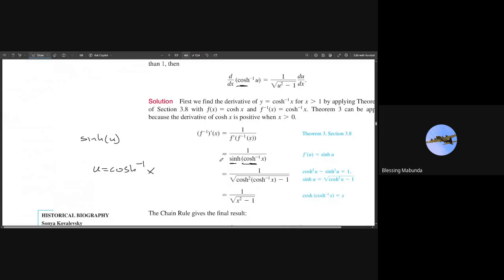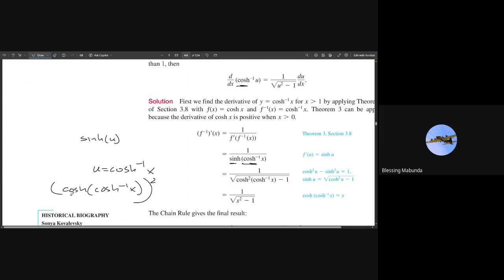And then from the cosh squared of cosh inverse x, if you now square this, this cosh of cosh inverse of x is all squared, and this 2 here belongs to this cosh.